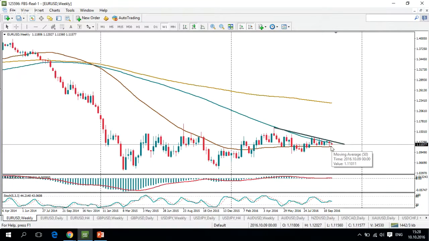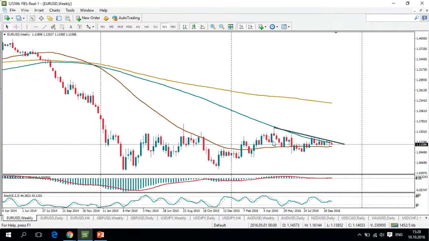This price action near the 100-week moving average on the upside and the 50-week moving average on the downside is continuing and continuing. We can see that the volatility in euro dollar in the past few months has significantly declined in comparison with what we had before August, in July, in June, and so on.